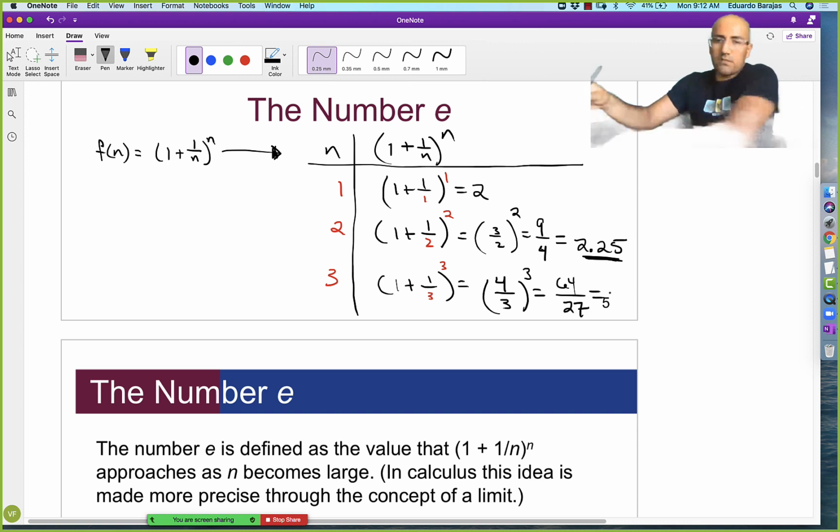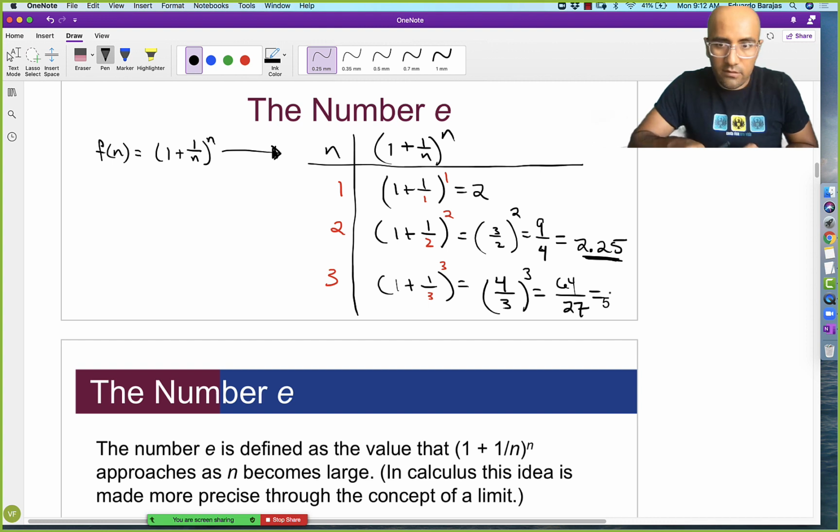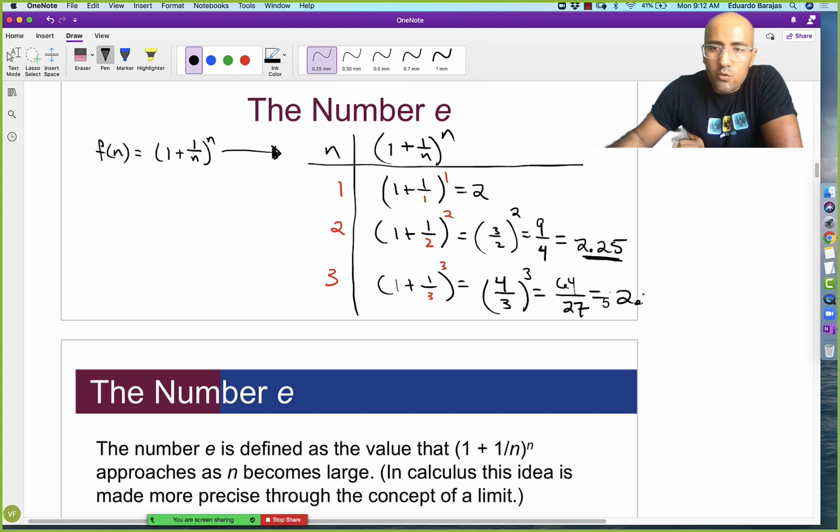This time I'll reach for a calculator. 64 divided by 27 is 2.37037, and so on. So it's really 2.037 repeating.